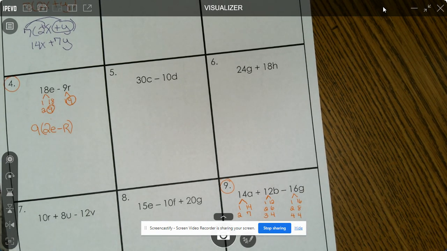So now your A, B, and G will all go inside of your parentheses. This is just a little bit more time consuming, I feel personally, when you have to factor out.